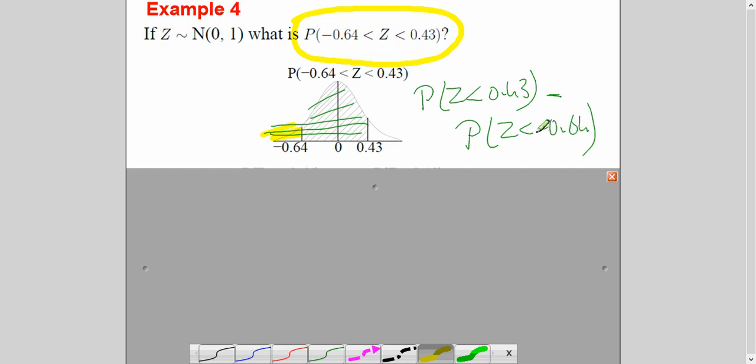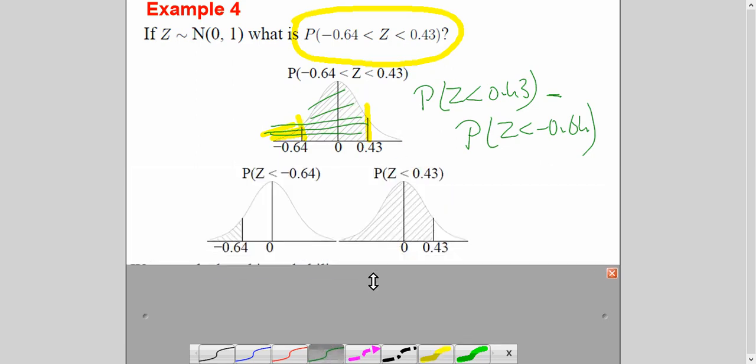Mostly students get confused, and in the class also they ask, Miss, but here it is saying z less than minus 0.64, and here we have z greater than minus 0.64. Try to understand the concept here. We are talking about probability between two limits. And to get this probability, because the table always reads left-hand side values of probability, we will do this whole area minus this area to get it, right?